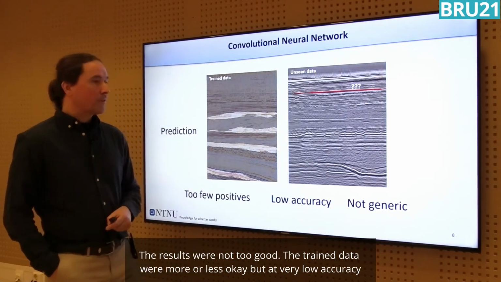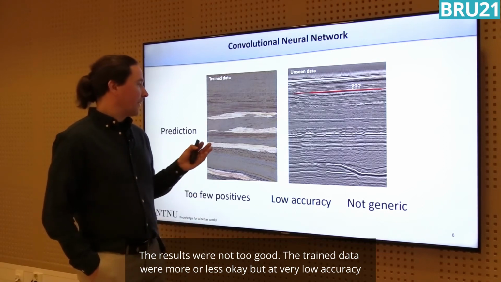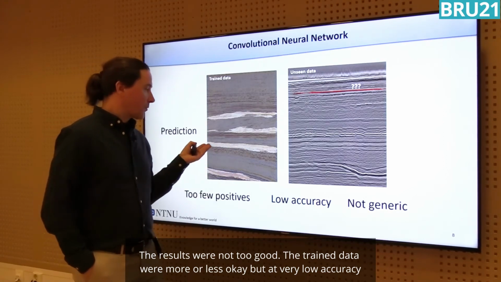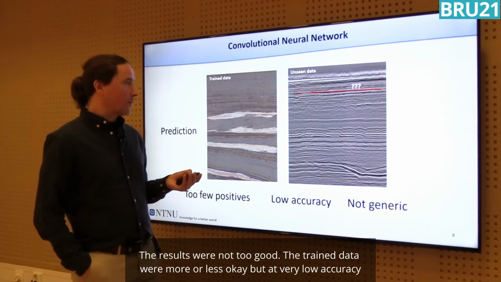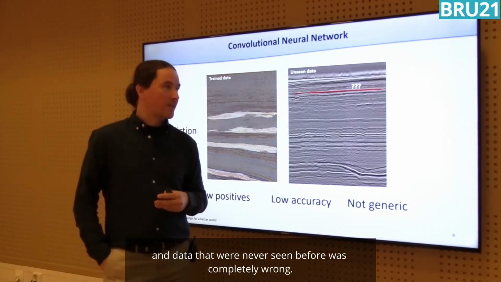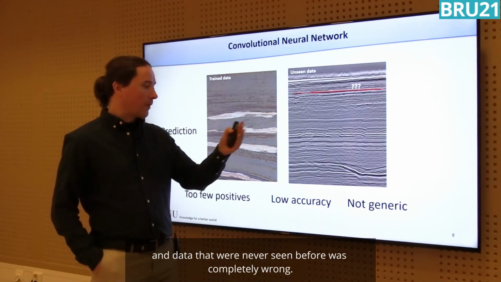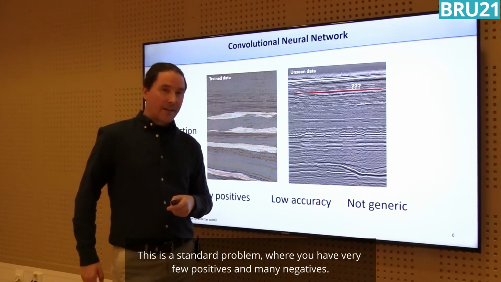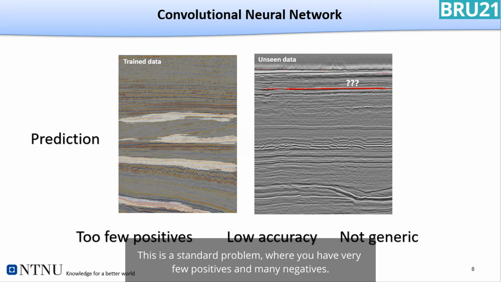Now, the results weren't too good. The trained data was more or less okay, but at very low accuracy, and data that was never seen before was completely wrong. So this is a standard problem where you have very few positives and very many negatives.